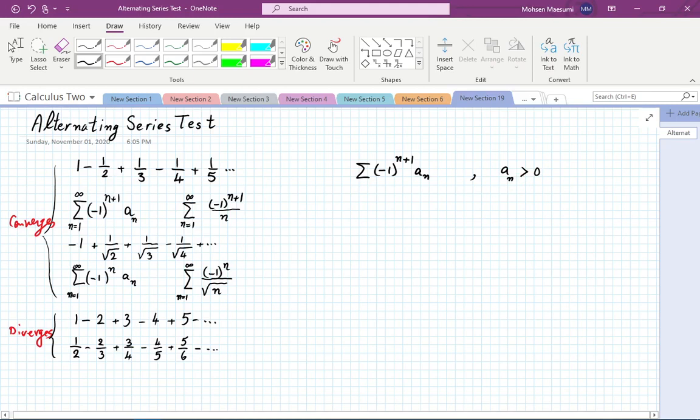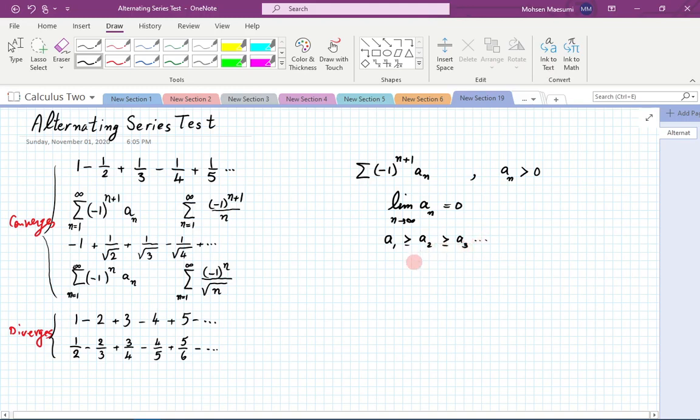The alternating series test says that if the limit of these terms of the series is 0, and that they are decreasing, that is, a_1 is greater than or equal to a_2, and that is greater than or equal to a_3, and so on.